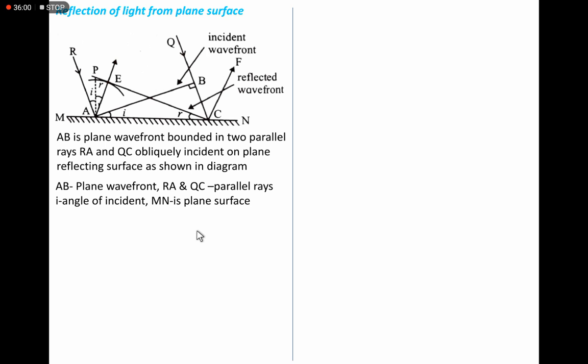AB is the plane wavefront, RA and QC are the parallel rays. Angle of incidence, no need to explain, we already studied the angle of incidence in 11th science. MN is the plane reflecting surface. i is the angle of incidence, that is the angle between the incident ray and the normal, which is here.